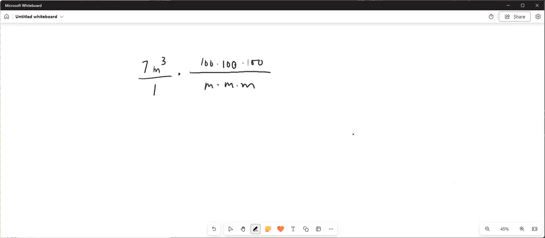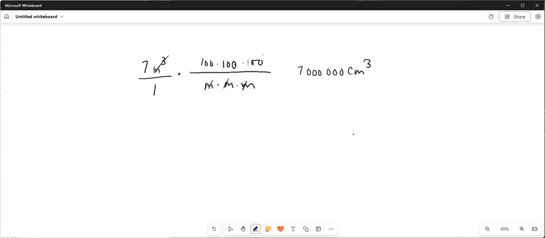So you have to do it 3 times. This is going to cancel, and then you multiply across, which you just count the zeros: 1, 2, 3, 4, 5, 6. So 7, 1, 2, 3, 4, 5, 6 centimeters cubed.